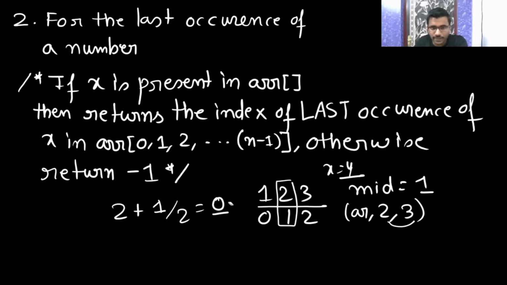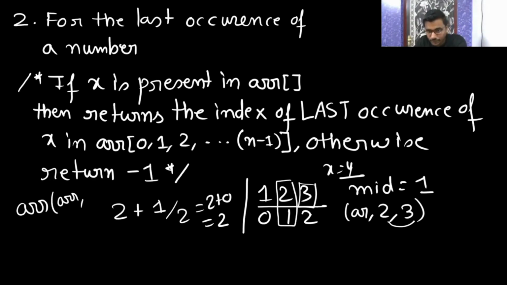See, where the condition will get violated. 2 plus 0 you are going to get here 2. Now again mid is not equal to 4. Then again you will think that it is in the right half of the array, so again you will call the array with mid plus 1, so you are going to get 3, and high should be 2, because high is 2.